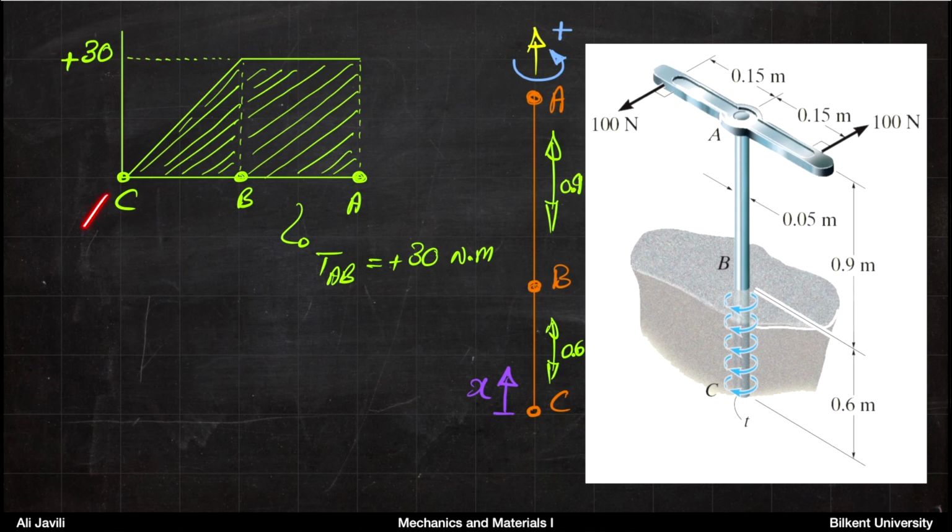So at point C, you know that torque is eventually 0. Okay? So this is what you know. Again, on point A, you can imagine the same thing. So basically, the jump that you get here is the jump that you would cancel out with the external torque that you apply. But because at the bottom, at point C, you get no additional torque, then T should be 0 at point C.